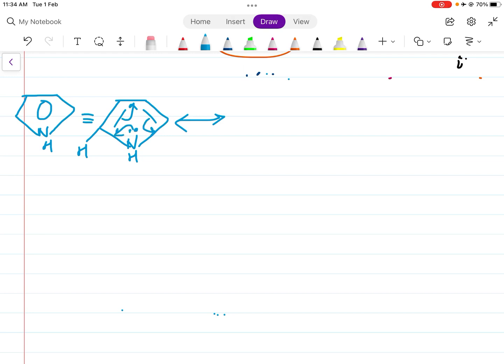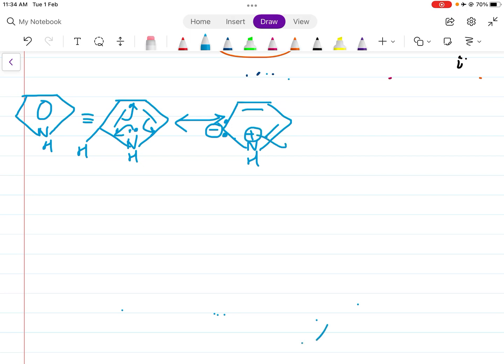So this will come over here. This is N, this is H. This bond got shifted over here, this bond got shifted over here, and the positive sign shifted over here on this nitrogen because the lone pair got over here. So we show that the negative charge is over here along with the lone pair of electrons.